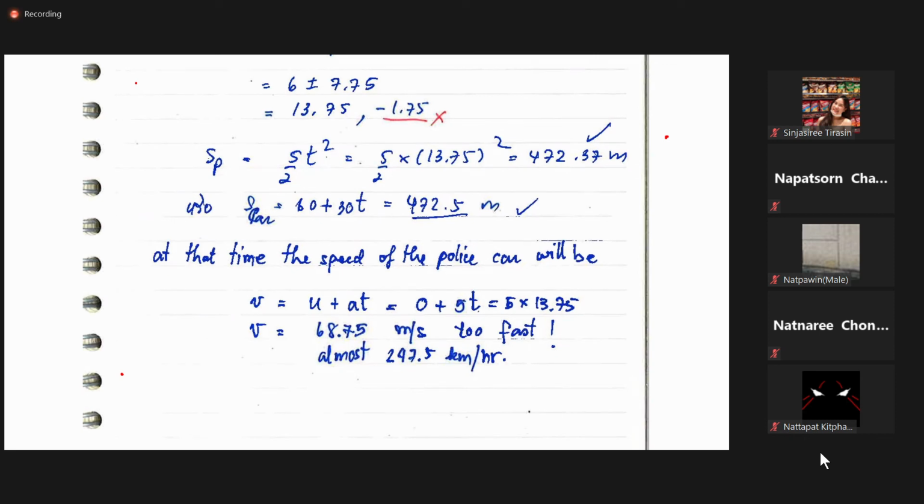I'm referring to one of the famous cases in history. At that time the speed of the white Honda Civic was almost 200 kilometers per hour. So 247 kilometers per hour is doable but not recommended.